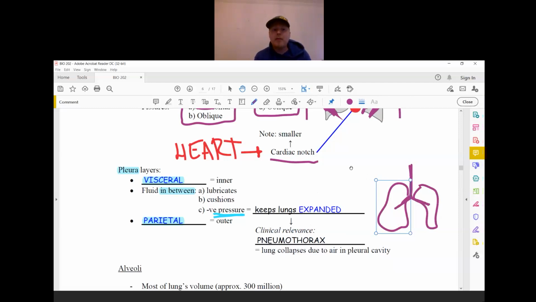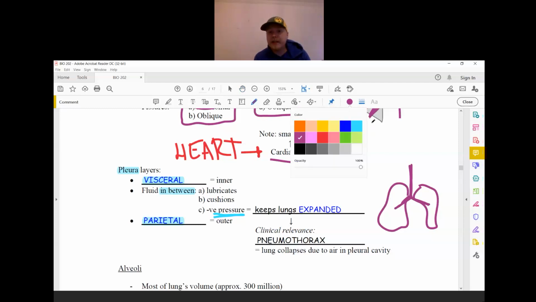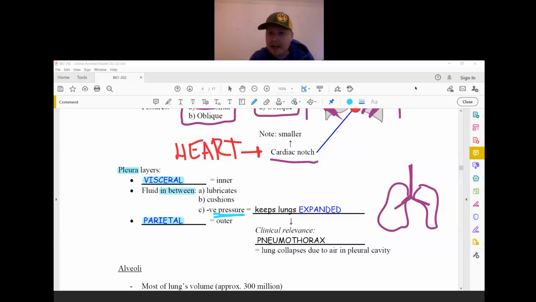So this fluid in between these pleural layers generates this negative pressure that then pulls the lungs open and big as much as possible. And that was thanks to this fluid between these pleural layers.